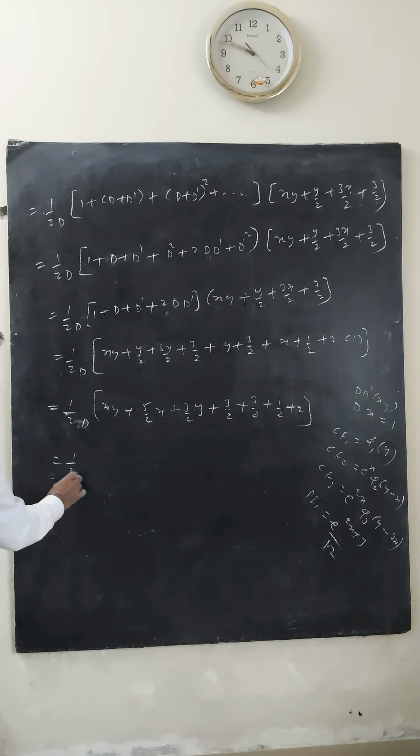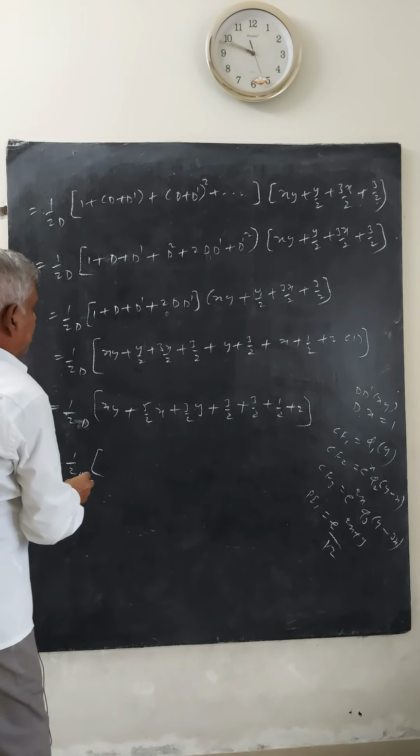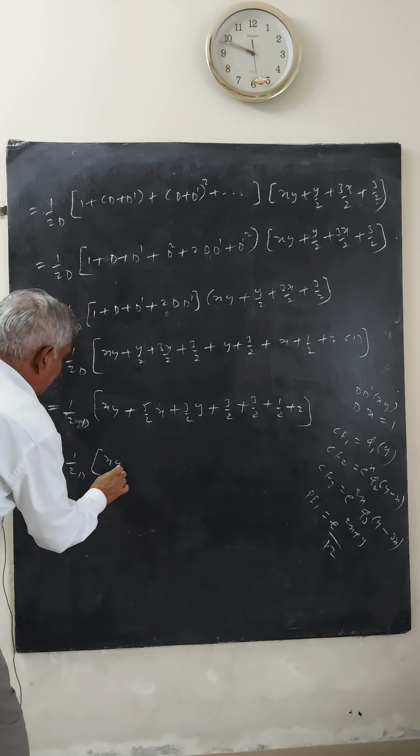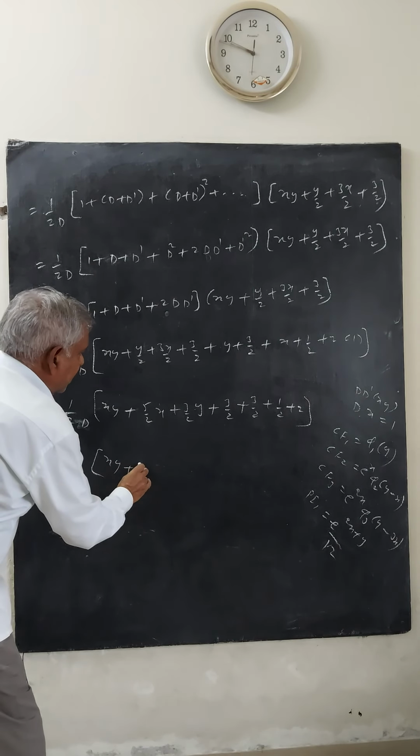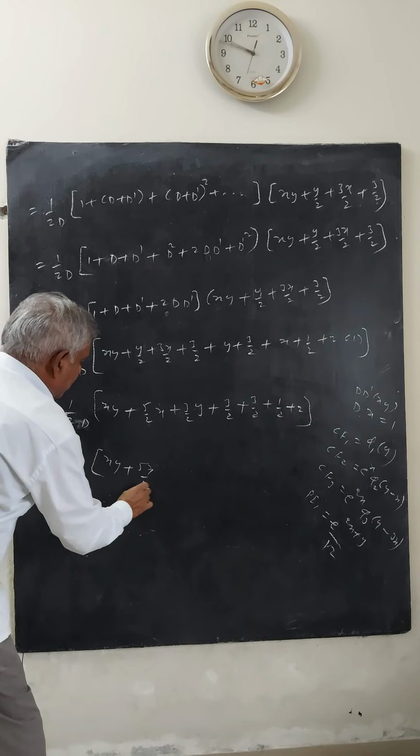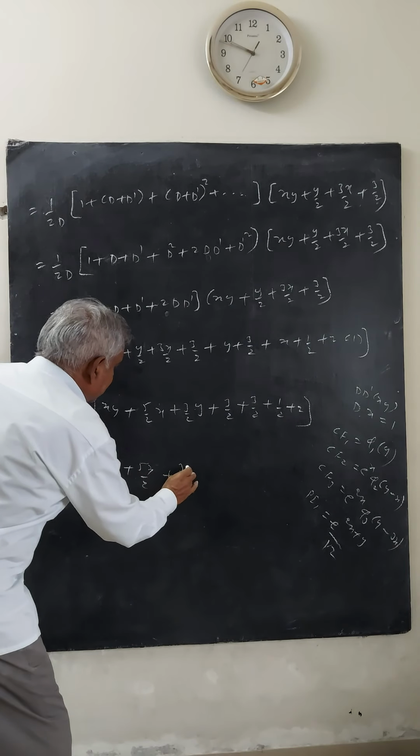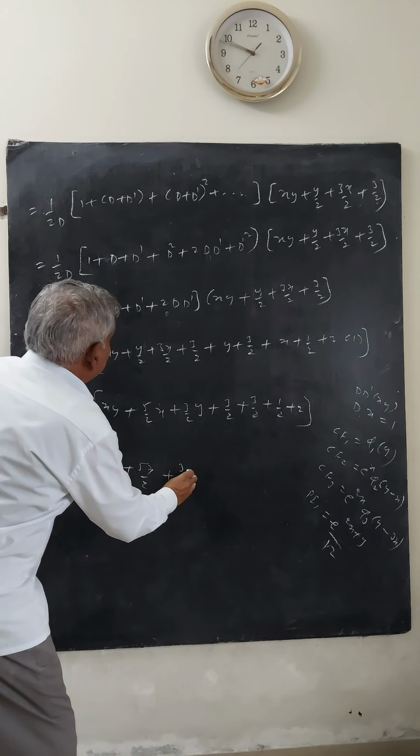Equal to 1 by 2D of xy, 5x by 2 plus 3y by 2.